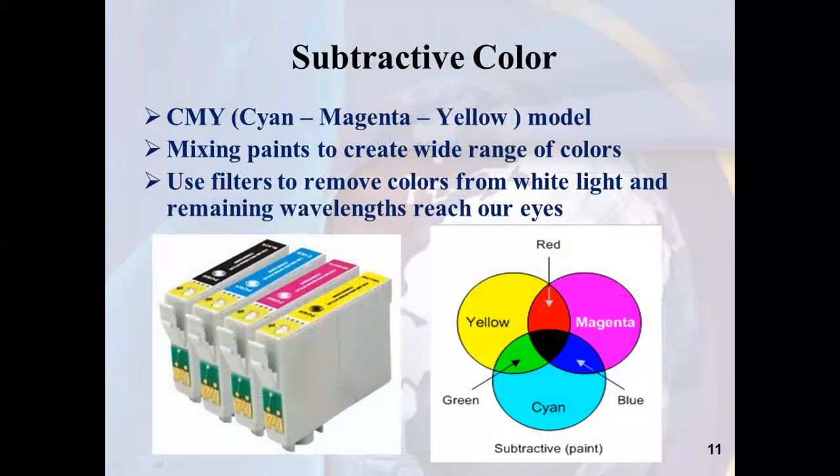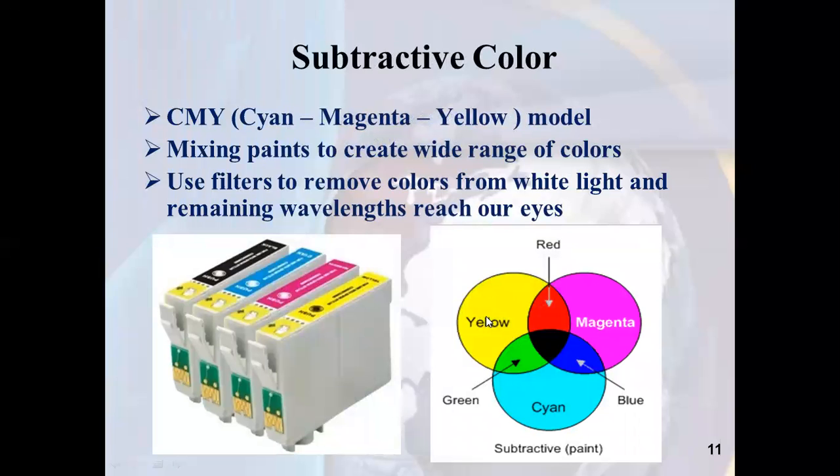And we have subtractive color. Subtractive color is what we use in painting. When we mix paints, we use subtractive colors, CMY: cyan, this is the blue color, magenta, and yellow. This is used in mixing paint to create a wide range of colors.